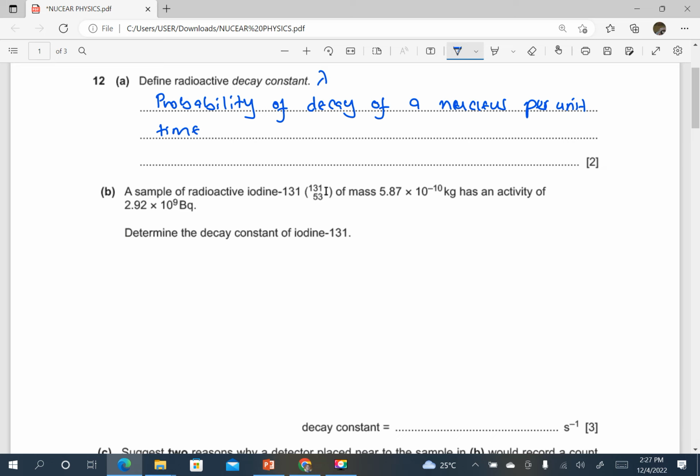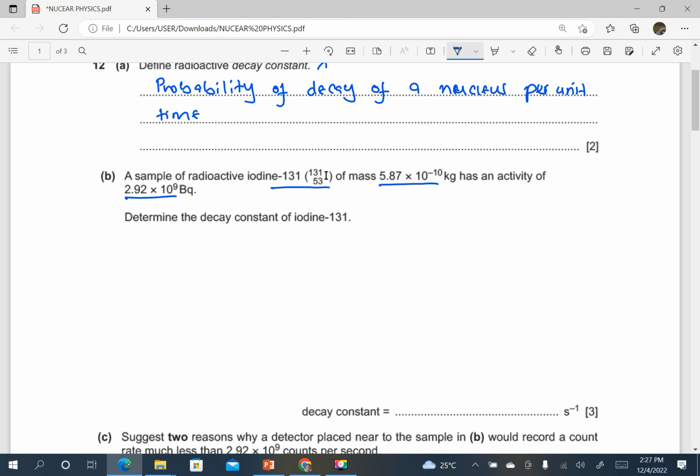A sample of radioactive iodine-131 has a mass of this and has an activity of this. Determine the decay constant lambda. We know that activity is equal to decay constant times N. Of course, we need N. From N over Avogadro's number equaling mass over molar mass, we can find N. So N will be the mass, 5.87 times 10 power negative 10, divided by the molar mass of iodine, which is 131.